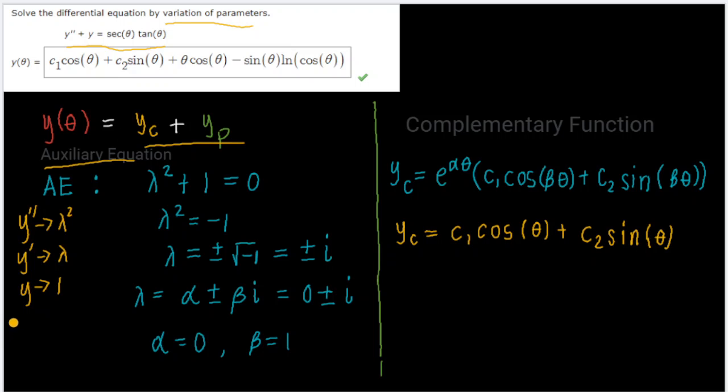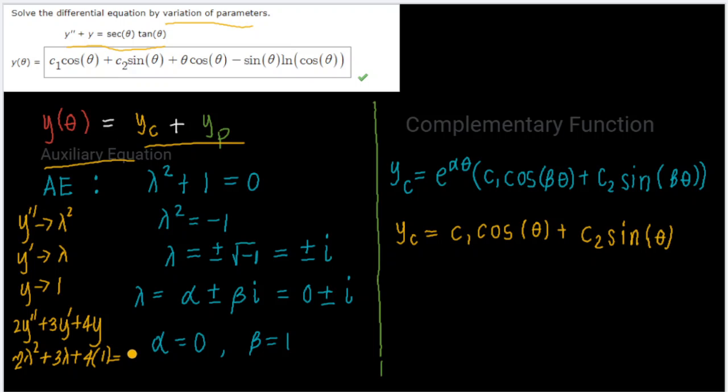For example, if we have the left side expression in our differential equation 2y double prime plus 3y prime plus 4y, then our auxiliary equation here is 2 lambda squared plus 3 lambda plus 4 times 1 is equal to 0.